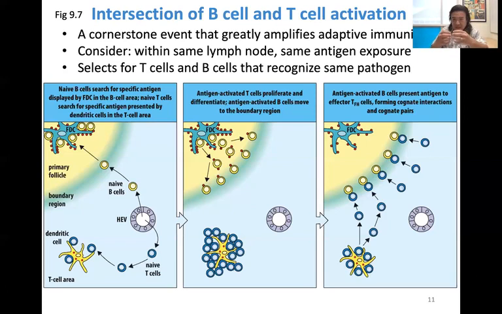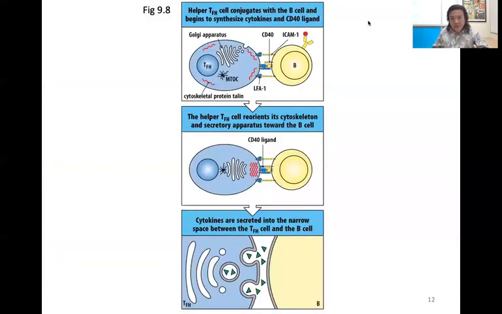After these B cells have paired up with a T cell that also recognizes the same antigen, this is just a reminder again, just like we looked at before with cytotoxic T cells. Remember we said cytotoxic T cells are out there binding to cells and killing them.